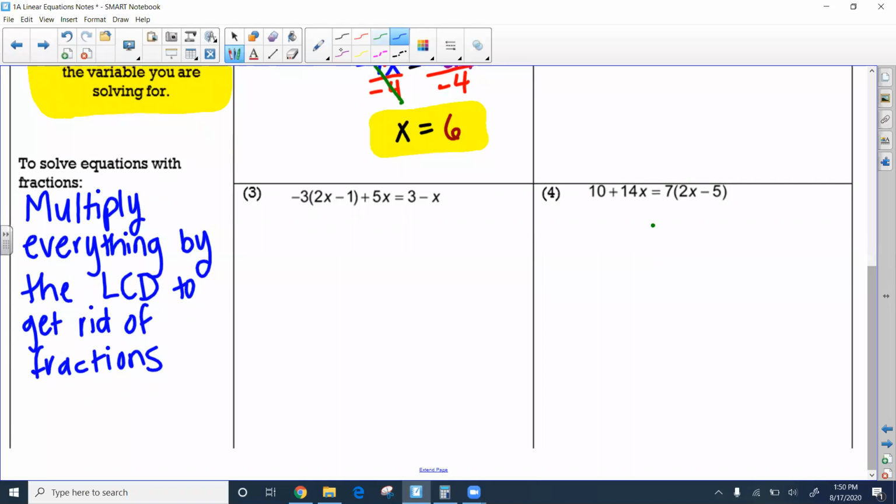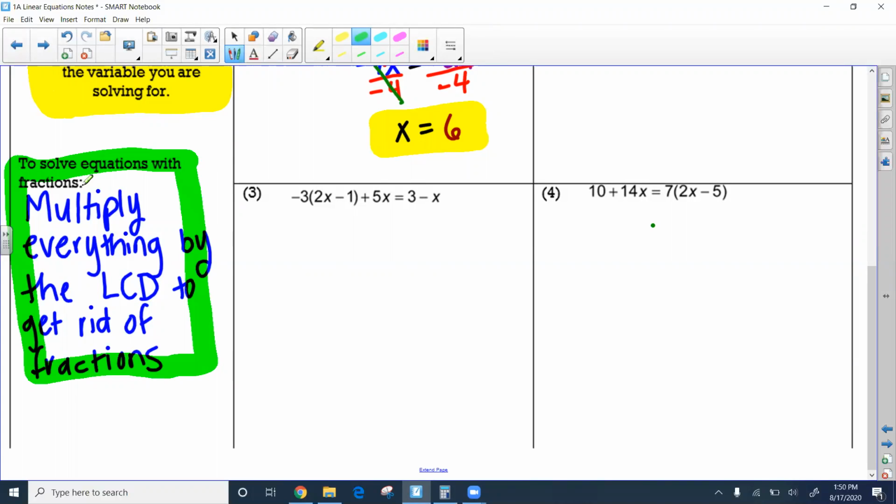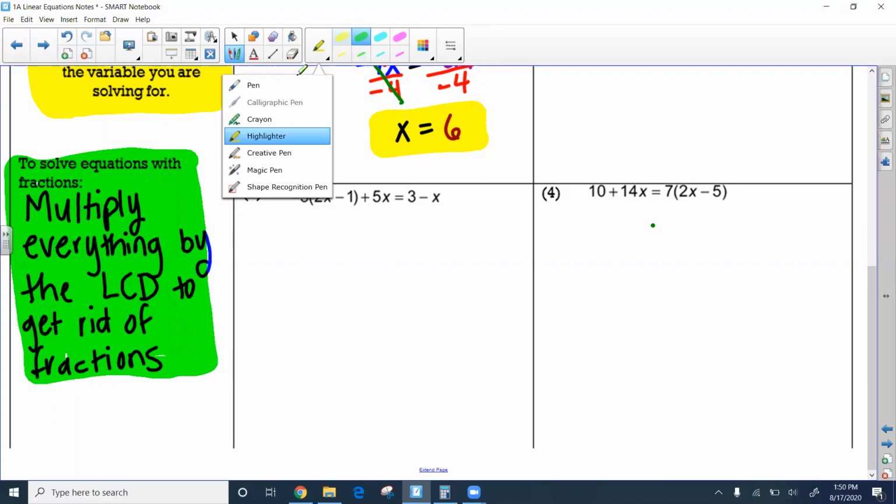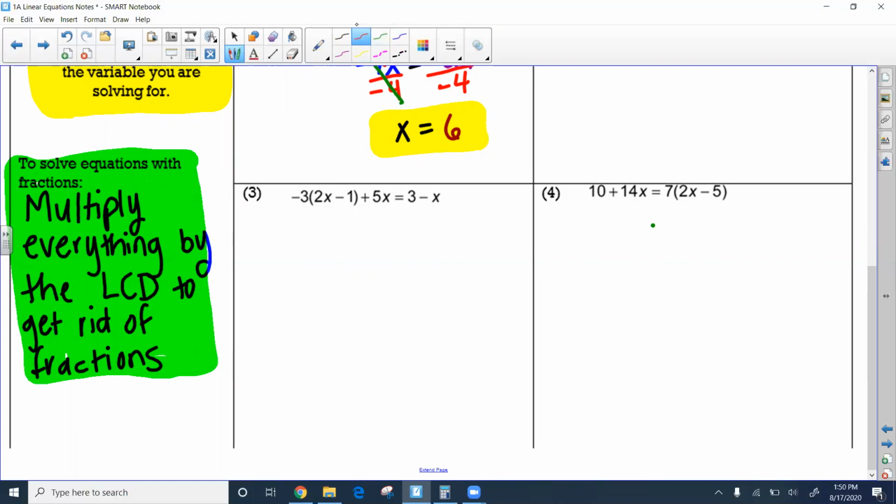All right, so make sure you make a note of this wherever you're writing your notes. To solve equations with fractions, multiply everything by the LCD to get rid of fractions. In case you don't remember what LCD stands for, it stands for least common denominator.